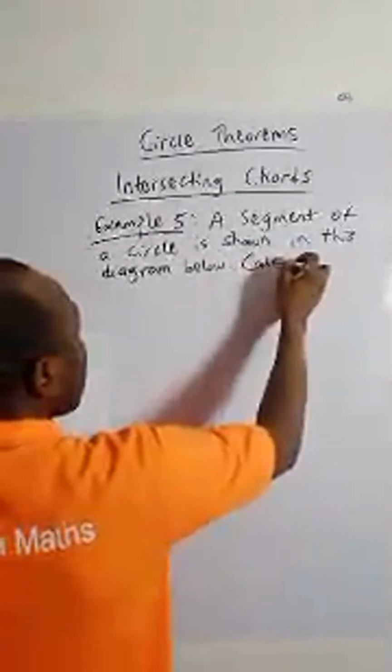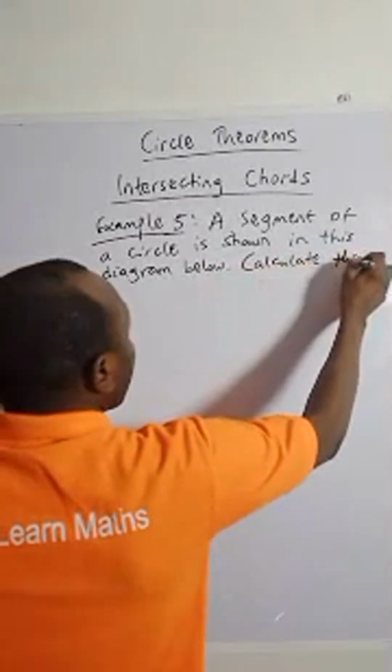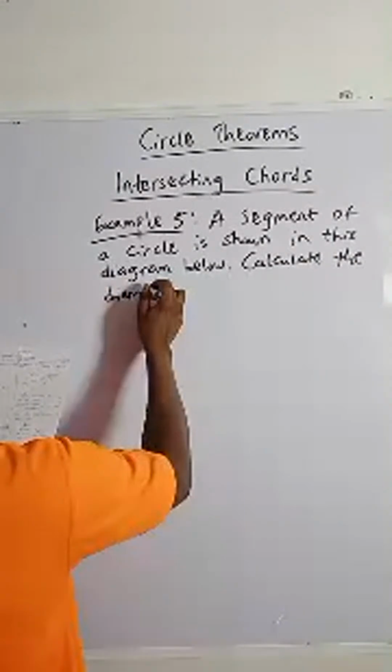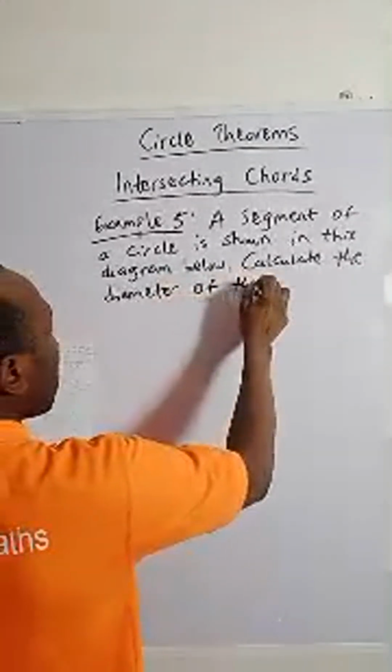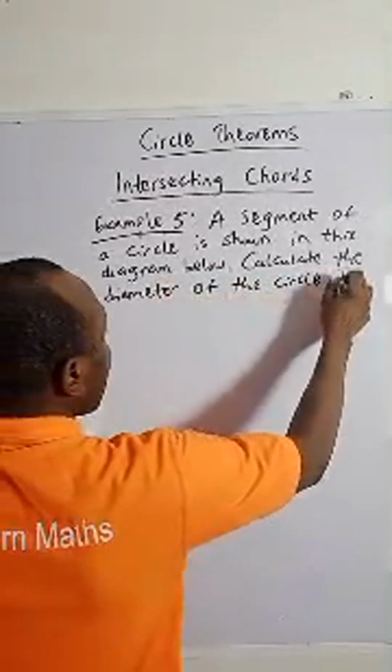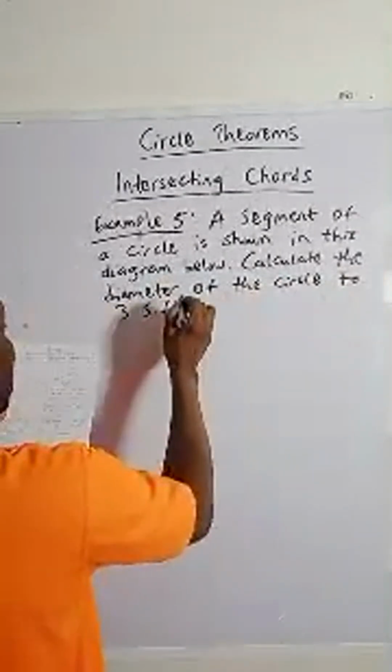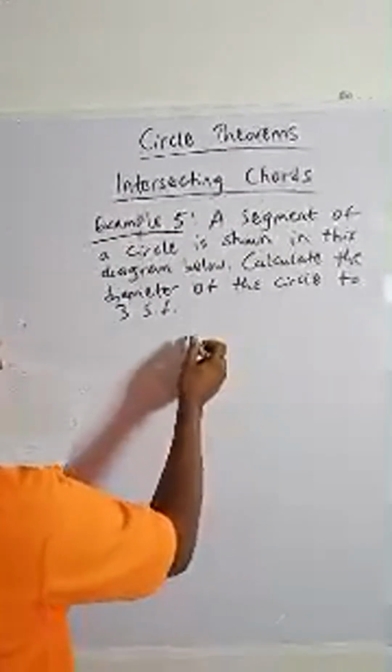Calculate the diameter of the circle to three significant figures.